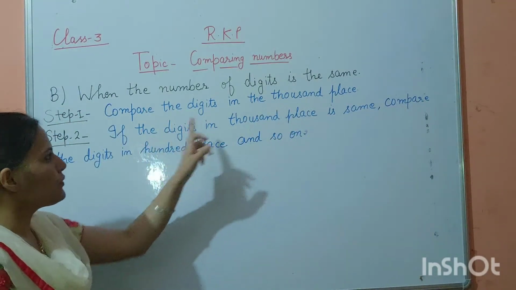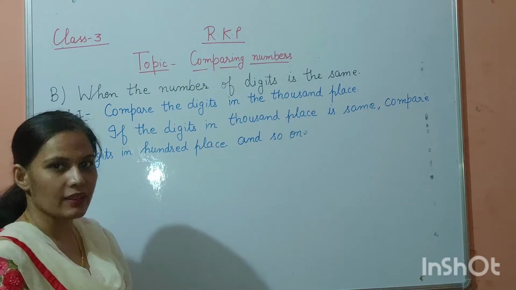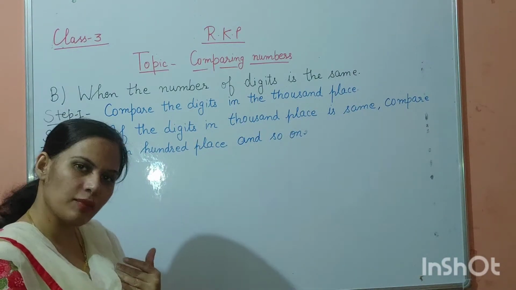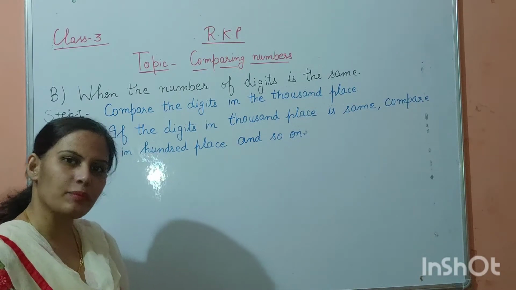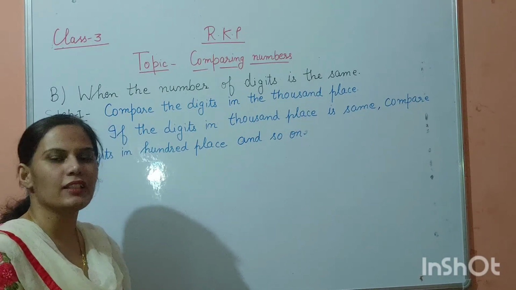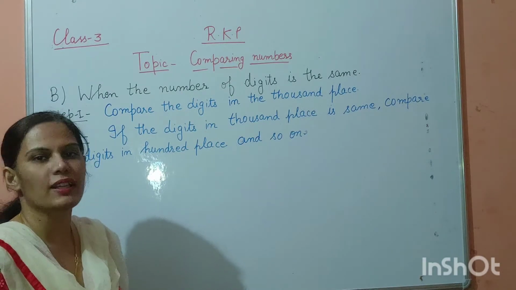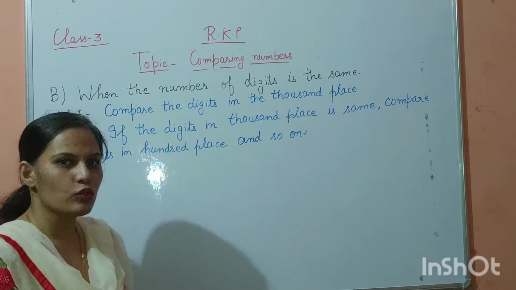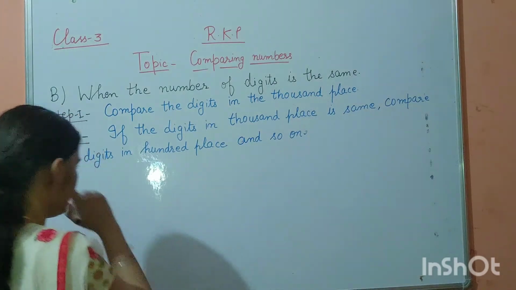If the digits in the thousand place are the same, then come to the hundred place. If the hundred place digit is the same, then come to the tens place. If the tens place digit is the same, then come to the ones place. If all digits are the same, then you can say it is equal. So let's take an example to make this clear.